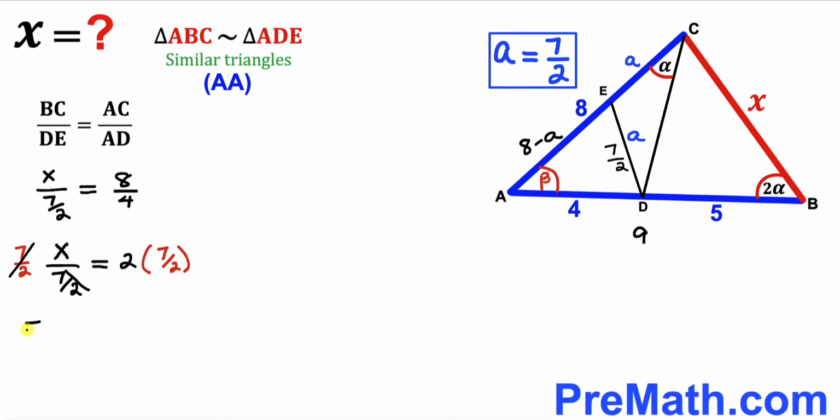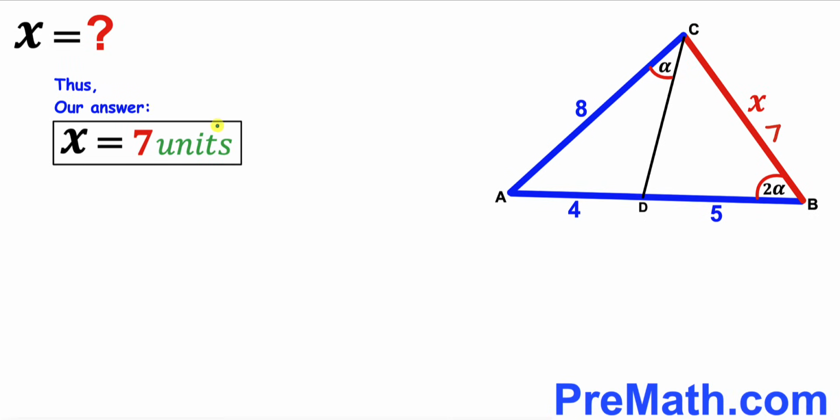So therefore our X value is going to be equal to 7 units. In other words, this whole side BC length turns out to be 7 units. So thus after all the calculations and manipulations, the value of X turns out to be 7 units. And that's our final answer.